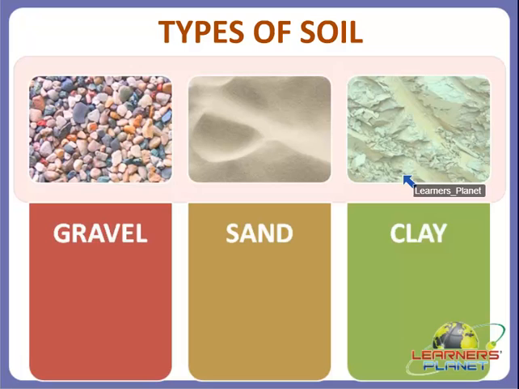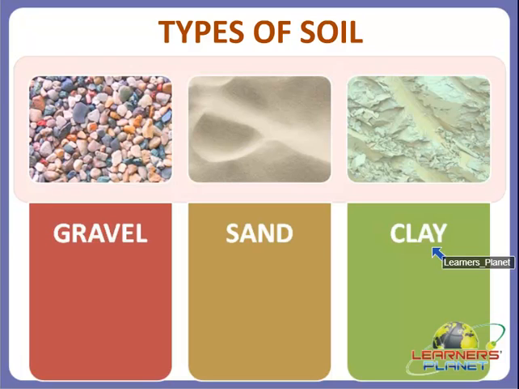Alright children, so these are 3 main types of soil depending upon the size, feel and color of the soil particles. So what are the 3 main types of soil? They are gravel, sand and clay. I repeat, gravel, sand and clay.